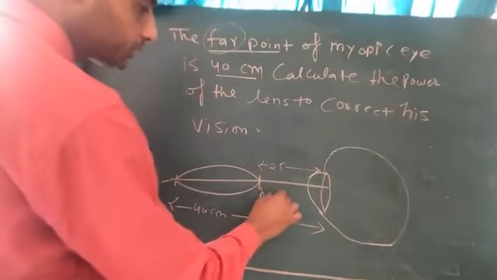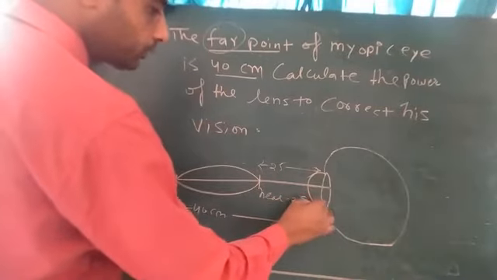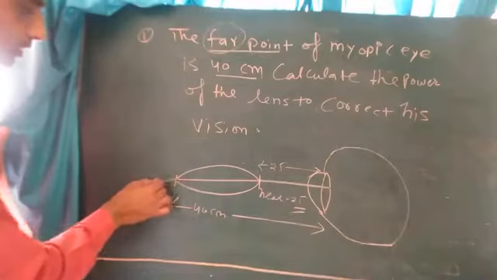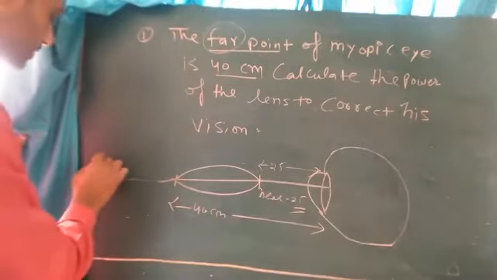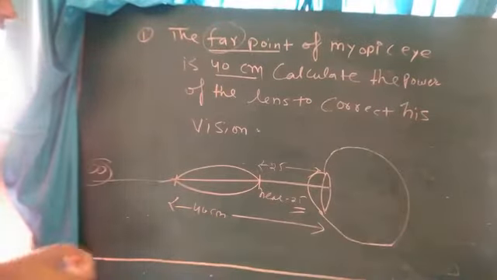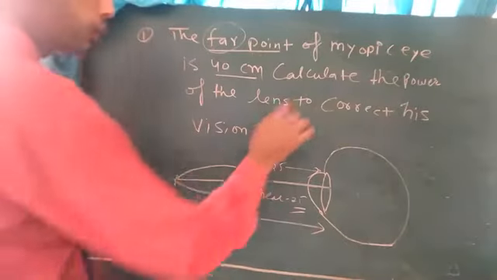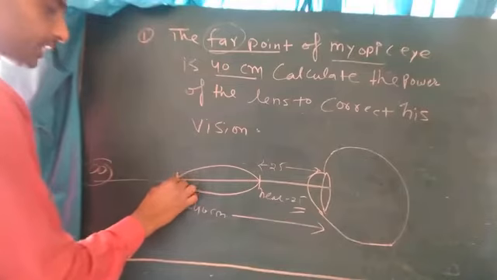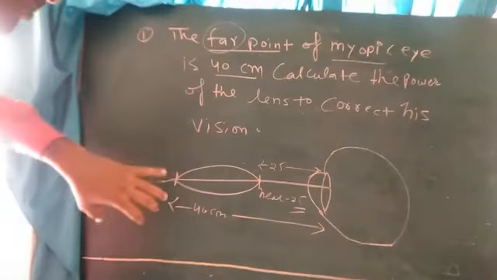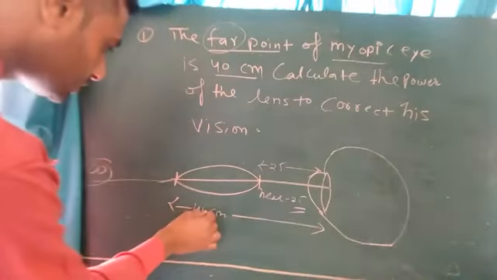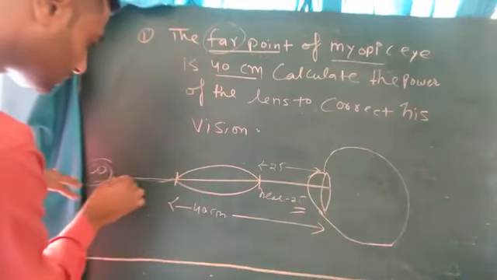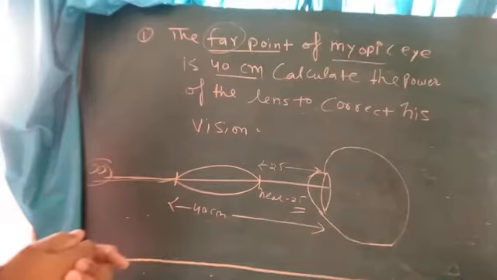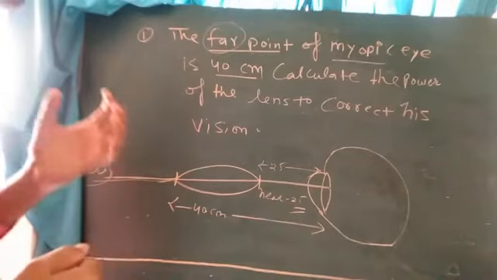The near point is 25, but there is a problem in the far point. As you know, the far point for normal vision is infinity, but this is a myopic eye and the far point is 40 centimeter. It means a man cannot see beyond this point. It means there is a need of glasses.